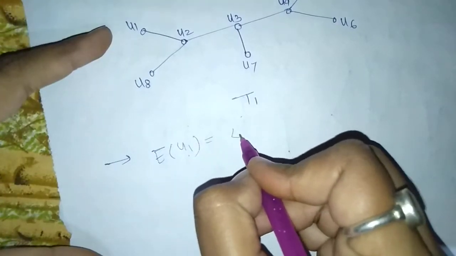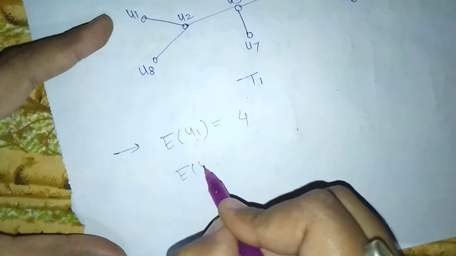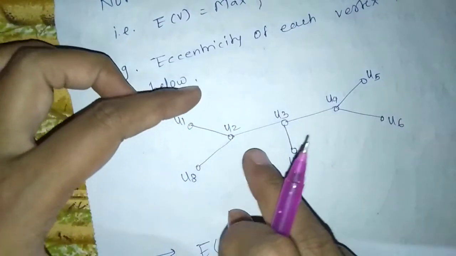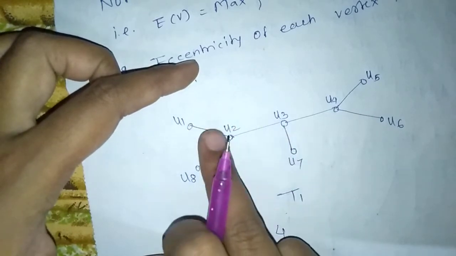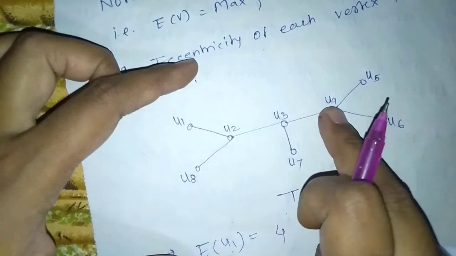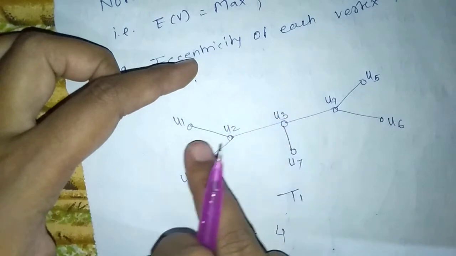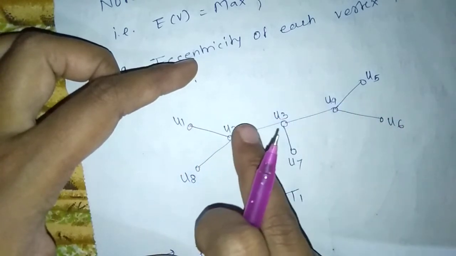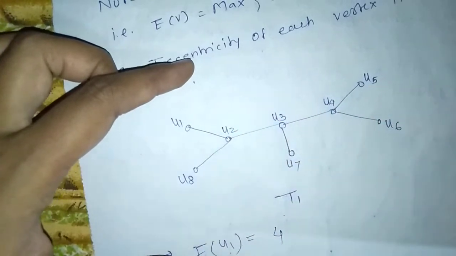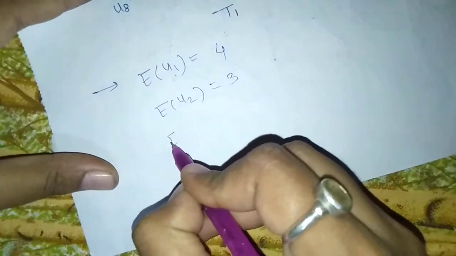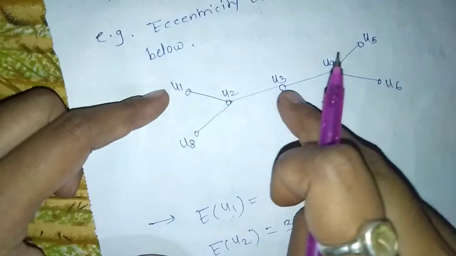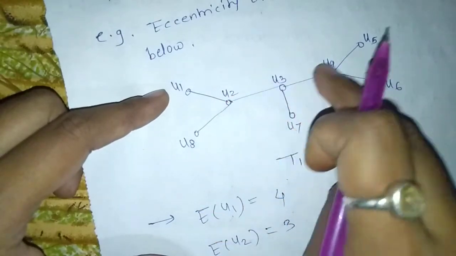So this is nothing but 4. Similarly for U2, U3 up to U8. So eccentricity of U2: 1 1 2 3 3, 1 2 3. So eccentricity of U2 is equal to 3. Eccentricity of U3 is equal to 2 2 1 1 1 2 2.